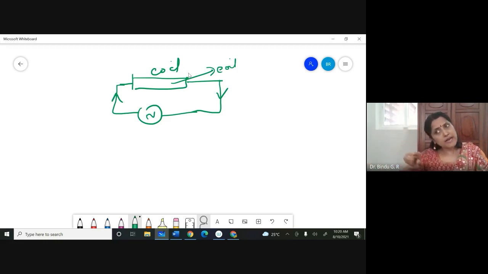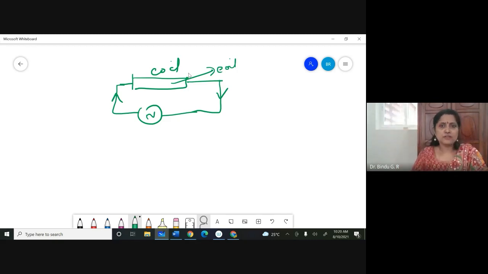When you pass a varying current through a coil, the coil experiences a change in magnetic flux within itself, and induced EMF is produced. So the coil will be opposing. By Lenz's law, the coil has to oppose this.